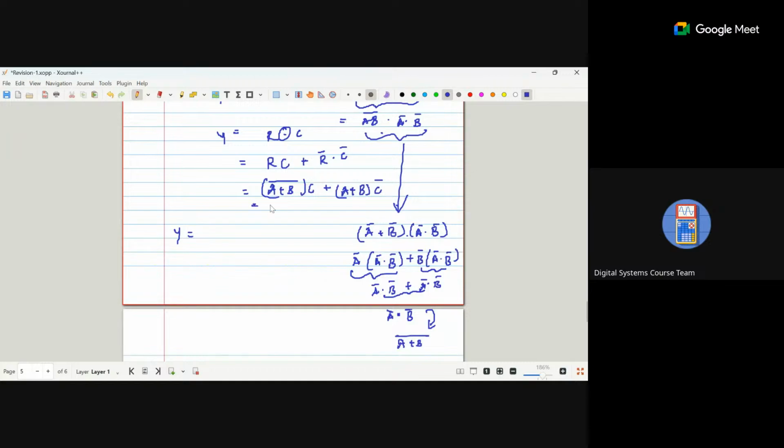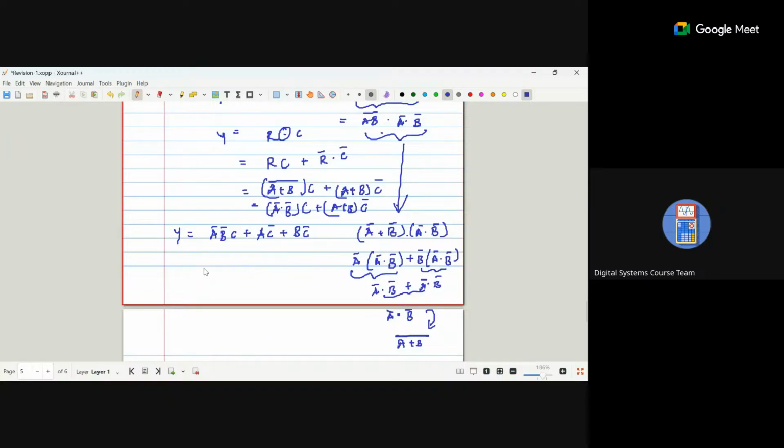So now this will be A complement B complement C plus (A plus B) C complement. If you use distributive law here, what will it be? A C complement plus B C complement, right? Yes, ma'am.